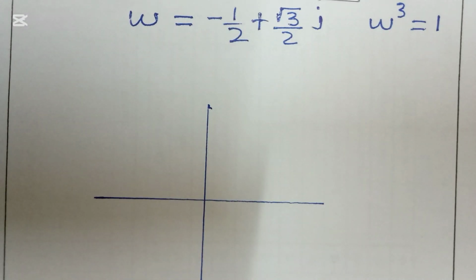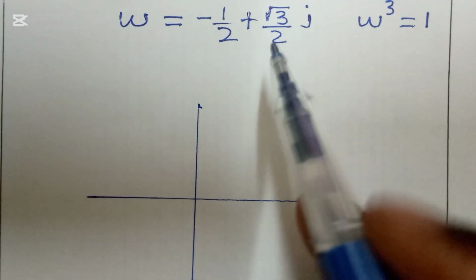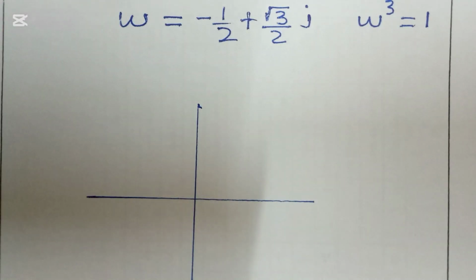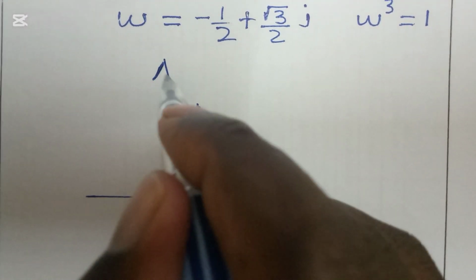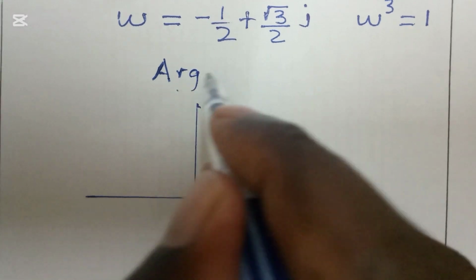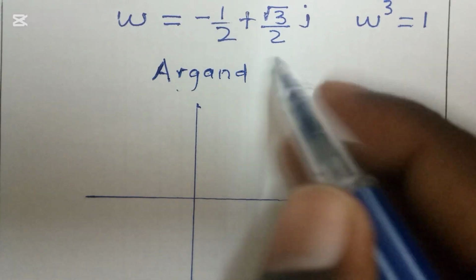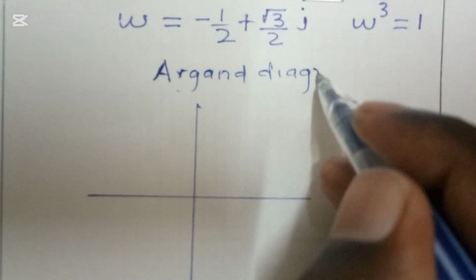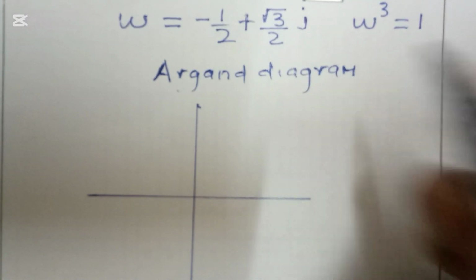So the first thing guys we are going to do is to draw this onto an Argand diagram. Guys, we call this an Argand diagram. So we draw that w onto the Argand diagram.